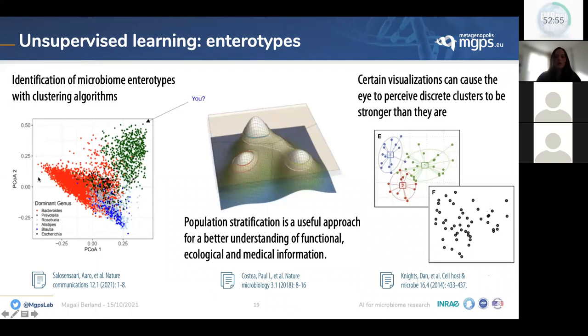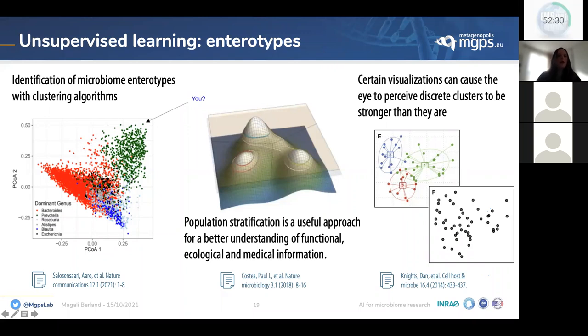Here, for example, you have a principal coordinate analysis that indicates sample similarity based on species level taxonomic composition. So here you have individuals that are dominated by Prevotella, here individuals that are dominated by Bacteroides and so on.